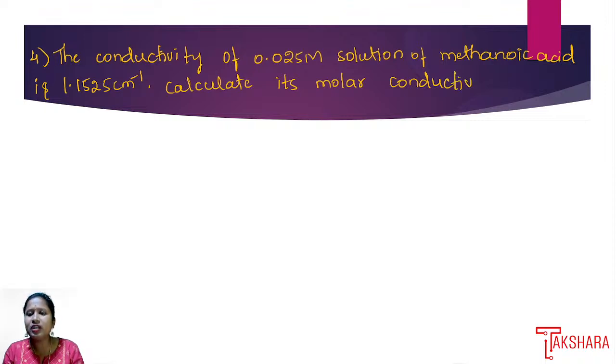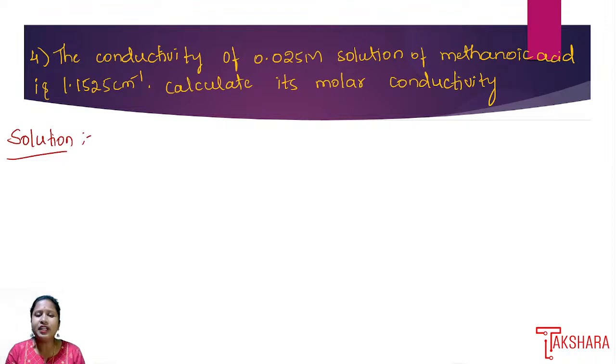So based on the given question, what we need to find out is the molar conductivity, they are saying calculate it. So if we come to the solution part, the molar conductivity is denoted by, yes, so let us come to the solution.